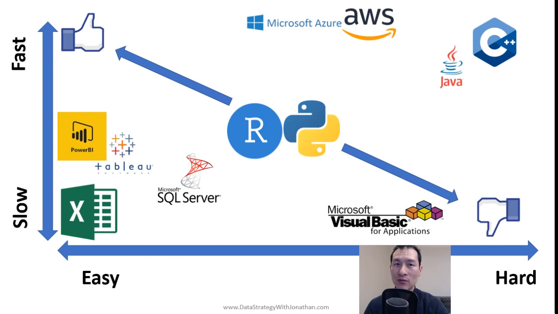If you've been following my channel for a while, we would have talked a lot about these, and how R and Python are much faster than something like Excel. But why is that? That's a lot to do with the structures of it. Now, you've got other languages such as Java and C++. And why are these faster than something like R or Python?